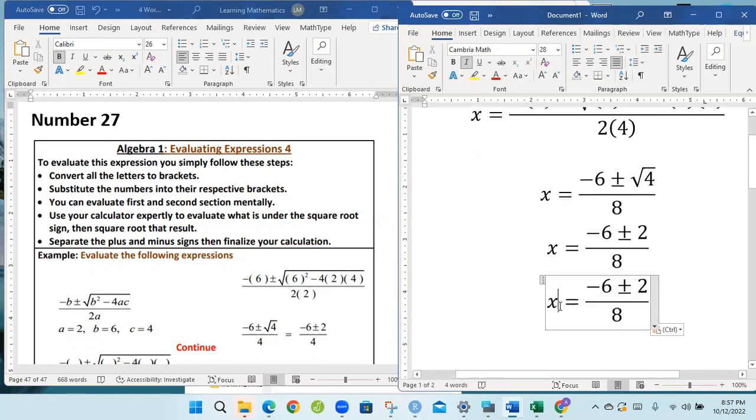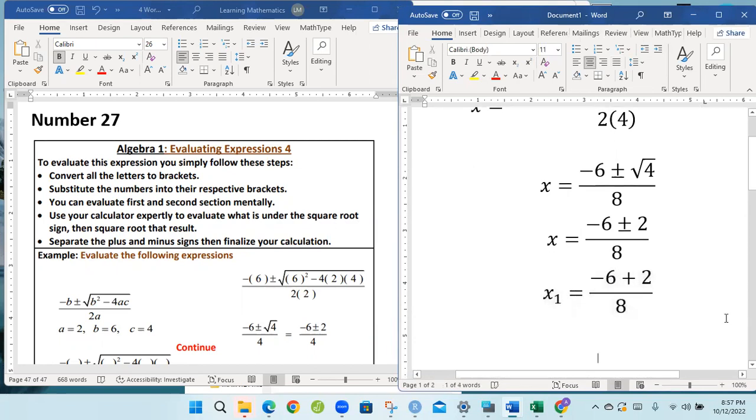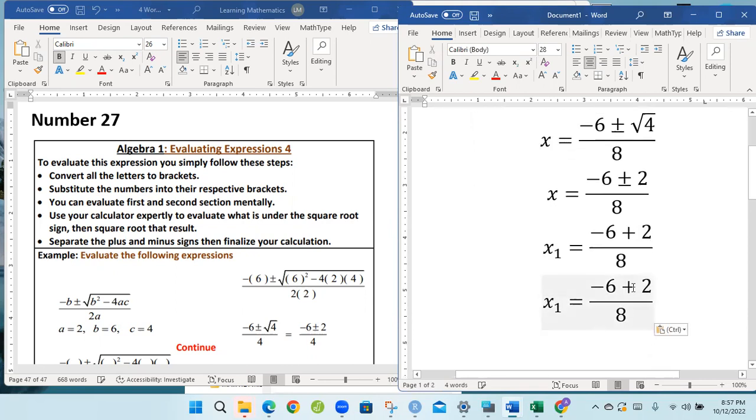So I normally call it x1. That's the first x. Use the plus sign. And we're going to get another x using the negative sign. So if you want to take out 6 from 2, let's go back up there.